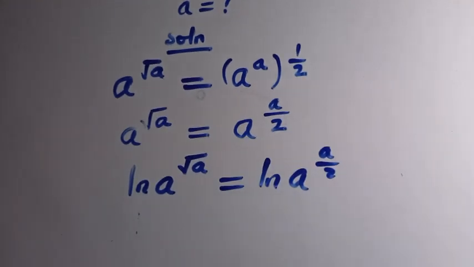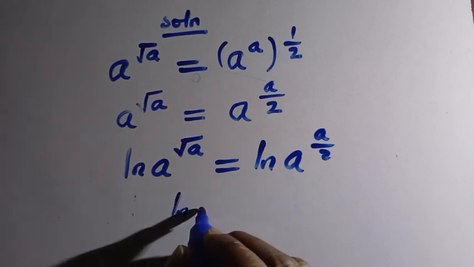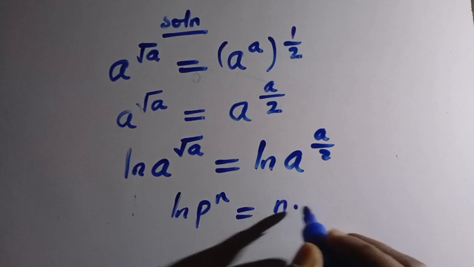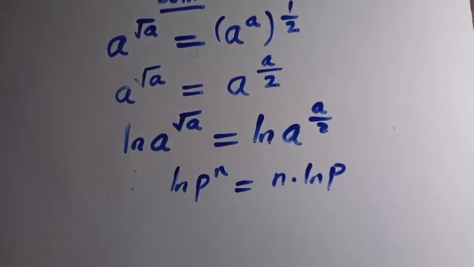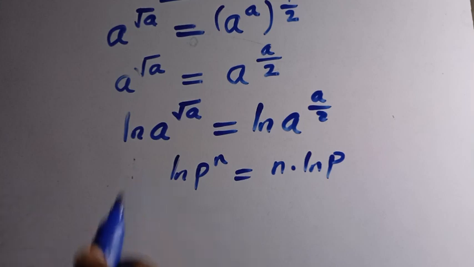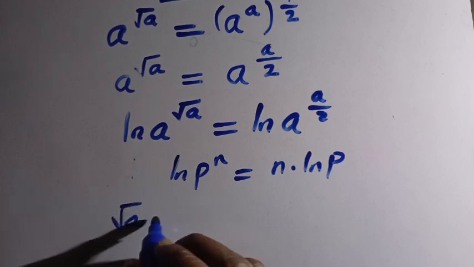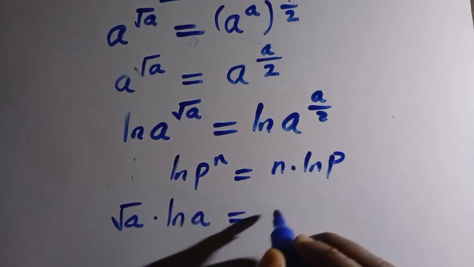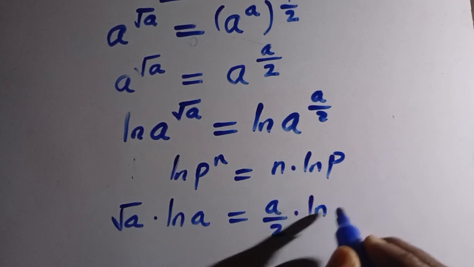And by properties of log, suppose we have ln p raised to power n, this equals n multiplied by ln p. So we consider this rule and we apply it here. So this becomes square root of a multiplied by ln a equals a divided by 2 multiplied by ln a.